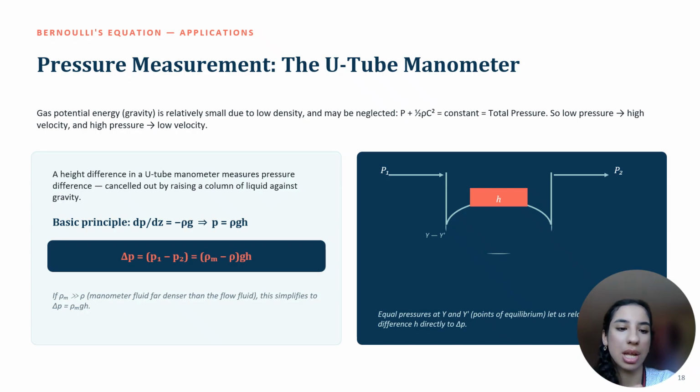All you have to know is that the change in pressure is just P1 minus P2, and you know that P equals rho g h. So if you know g and you know the change in h, you get the change in pressure.